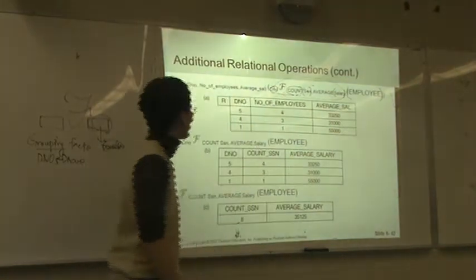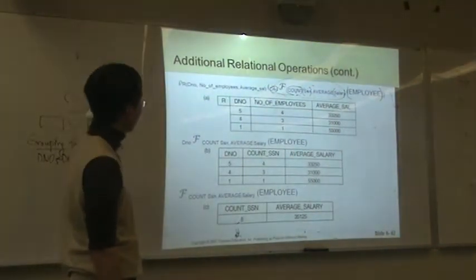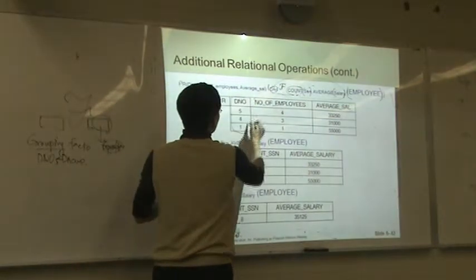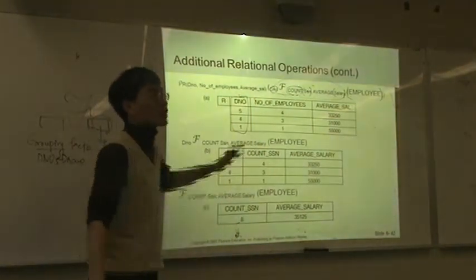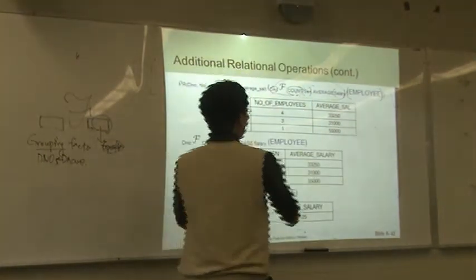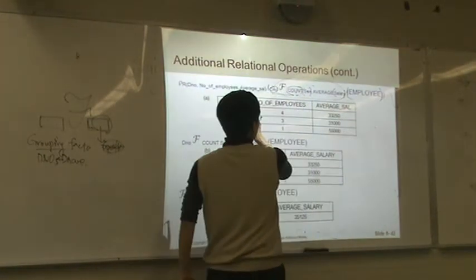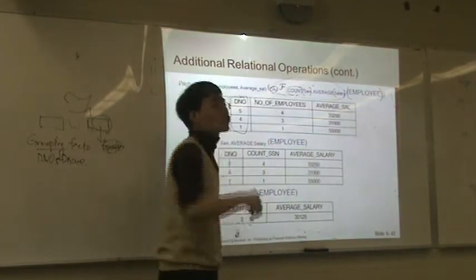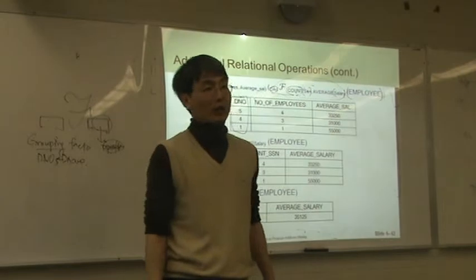So instead of that, you can specify the name. Also, even though DNO is not selected, DNO should be retrieved. Otherwise, you don't know which average this is, which number of employees this is. So the grouping factor should be retrieved automatically.